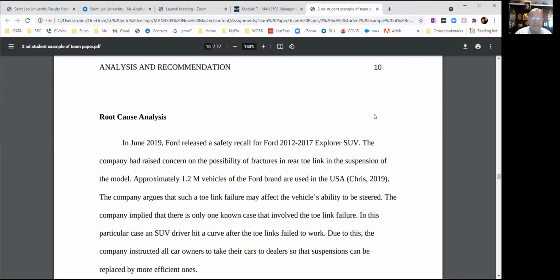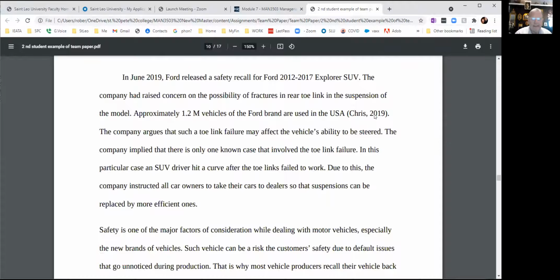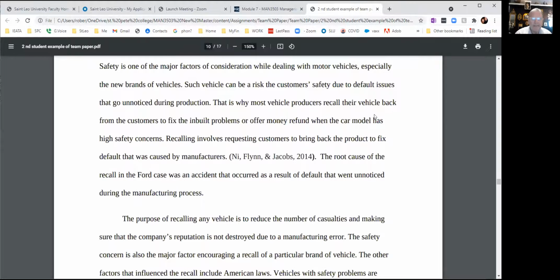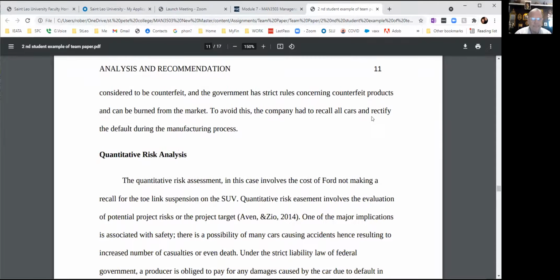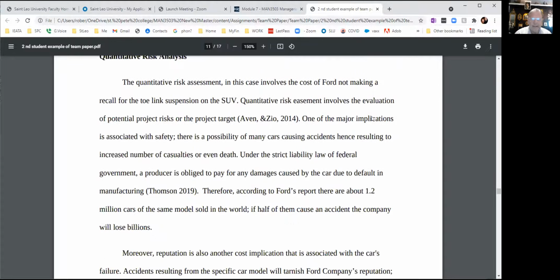Okay, their root cause analysis, they went in, got the history related to some of the challenges that they faced as a company. And then the qualitative risk, what they did is went and looked at the law, saw what the liabilities were.